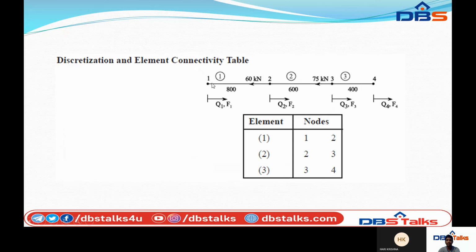In this, first of all, I'm showing the discretization process. First of all, I'm writing all the elements, first element, second element, with lengths 800, 600, 400 here. Then parallelly, I'm writing the point loads and body loads here.